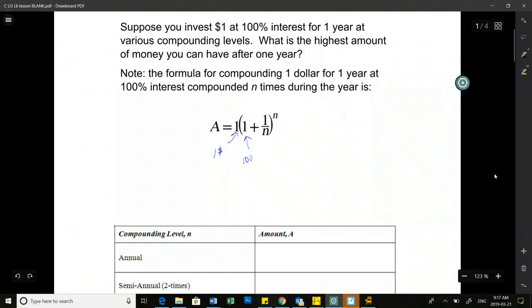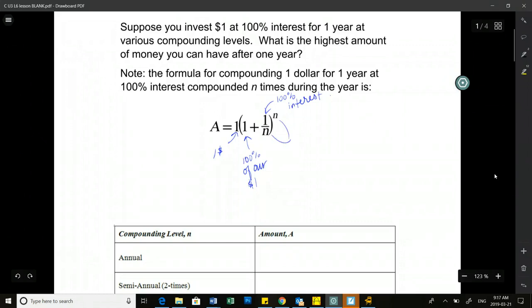So this is 100% of my investment. We're going to talk about 100% growth, or in other words, doubling, right? So I am making double what I had the year before, or 100% of that, every year. So that is why we have the 1 here. This is 100% interest.